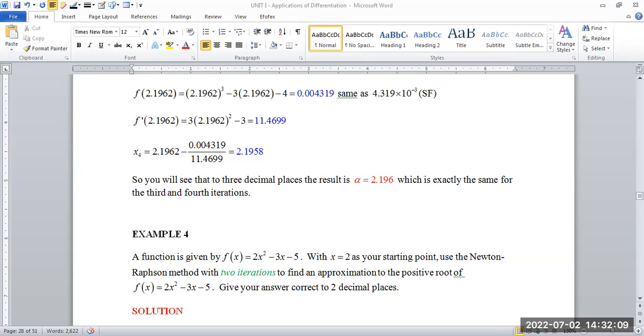Not finished. Okay, all right, no problem. When we're going up to 2 iterations, x3 we are going to know.